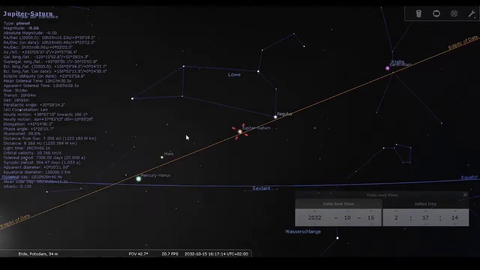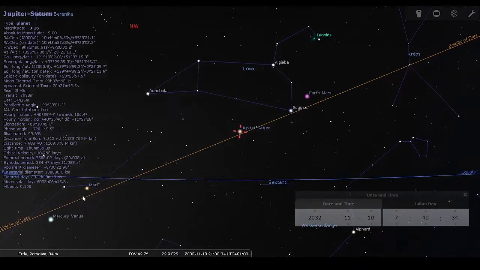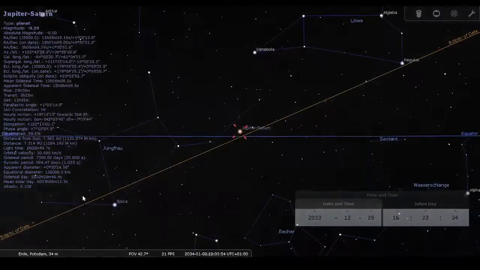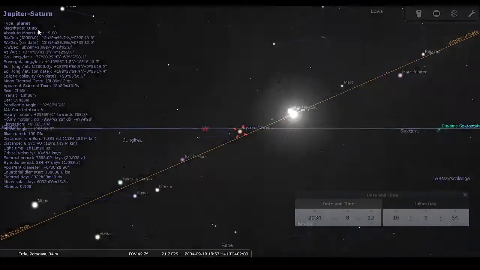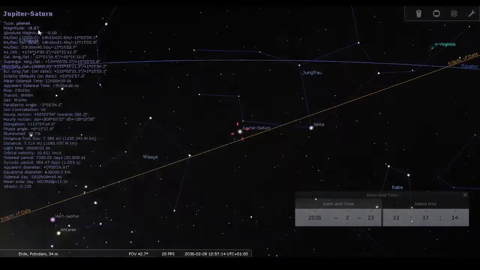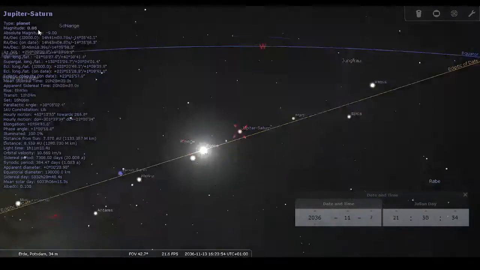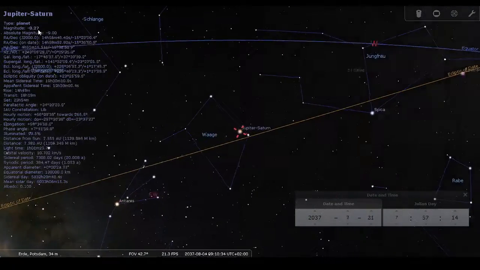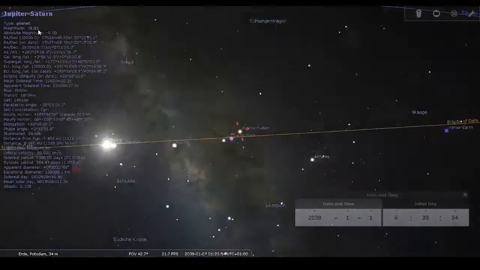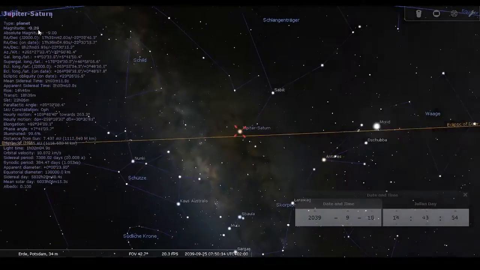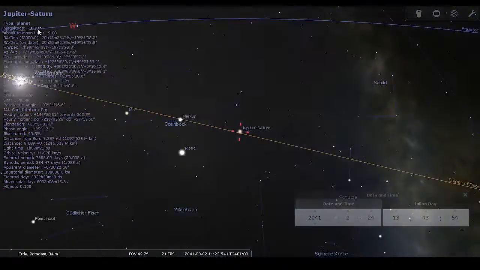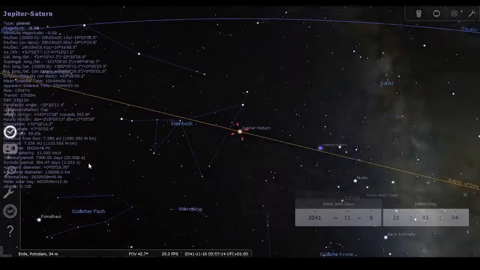And now you can see that Jupiter-Saturn is a planet which has an apparent magnitude of about 0 and a bit negative, so it's a bit brighter than Saturn mostly, but not as bright as Jupiter. That is also a property which I've tried to type in for the hypothetical in-between planets. This planet is orbiting about the Sun in 20 years.